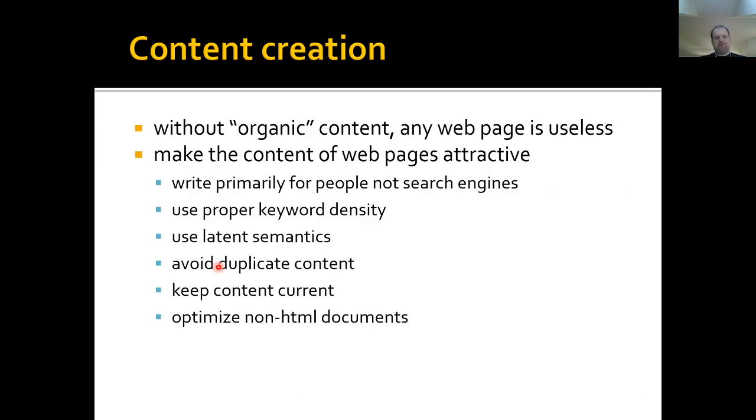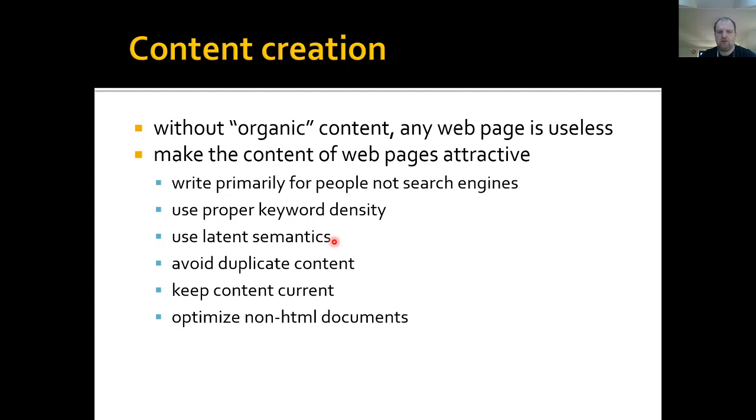Okay, now generally the creation of content. As I said, the content should be created organically, so the web page must describe its real content, not just some artificial augmentation. So we write primarily for people, not search engines. We use proper keyword density. We also use latent semantics.